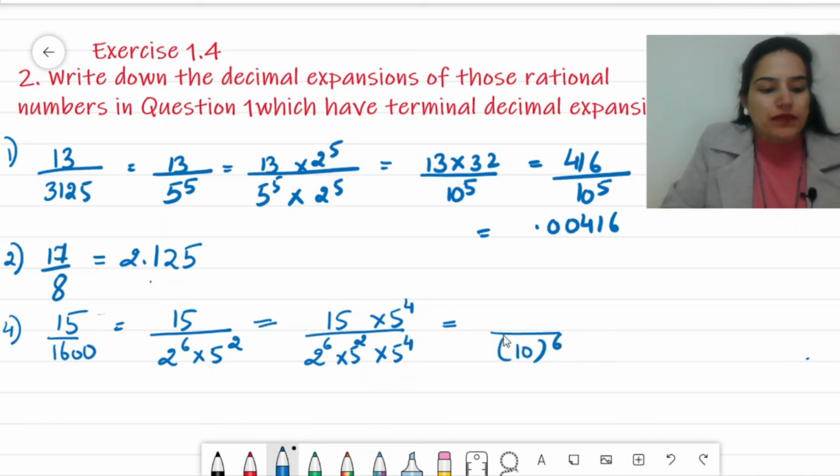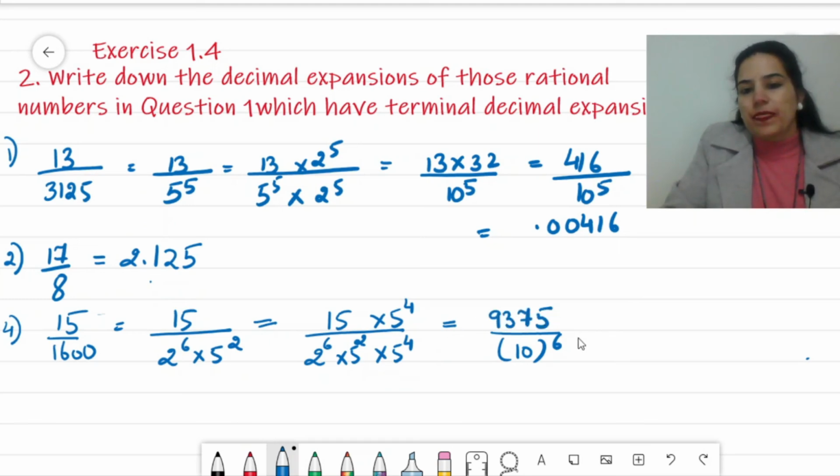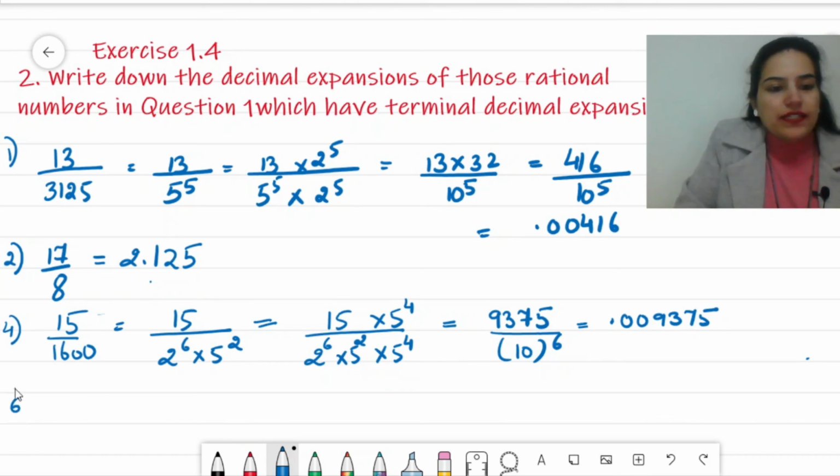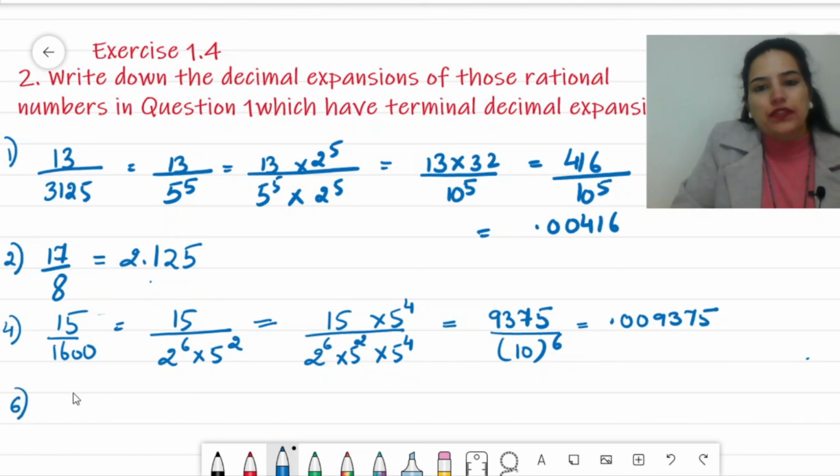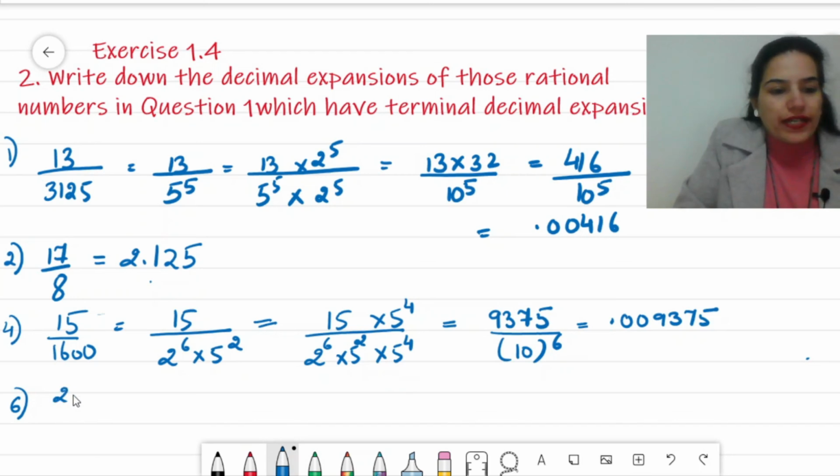Now only numerator multiplication is left. If I multiply it, I'll get 9375, that is 625 multiplied by 15. Now shift decimals by 6 places, it will be 0.009375.